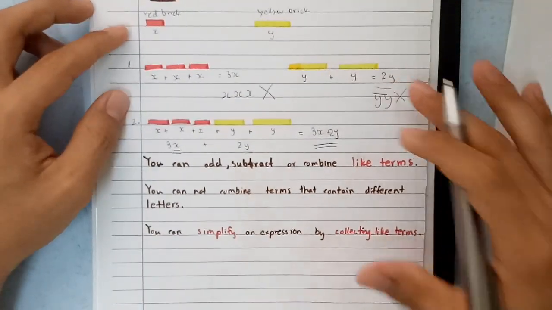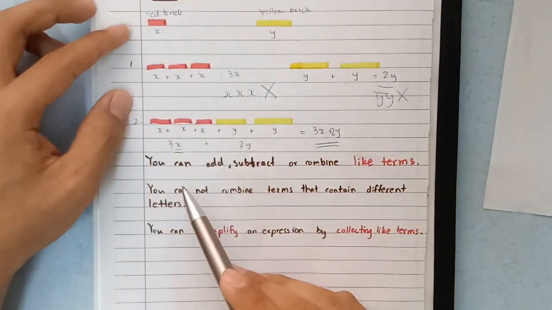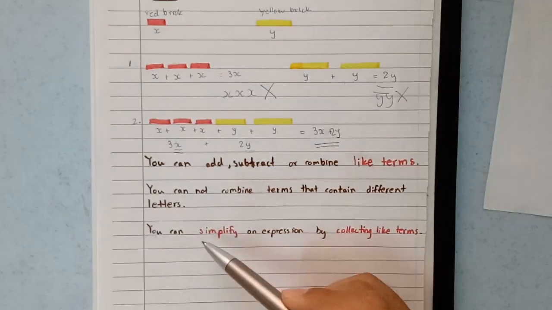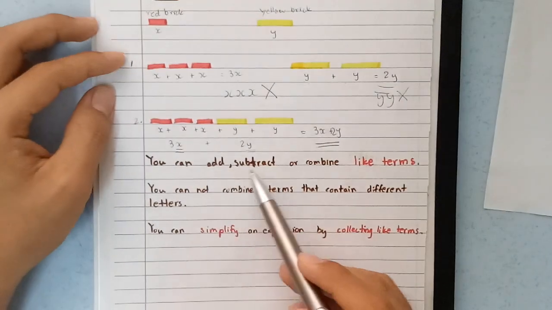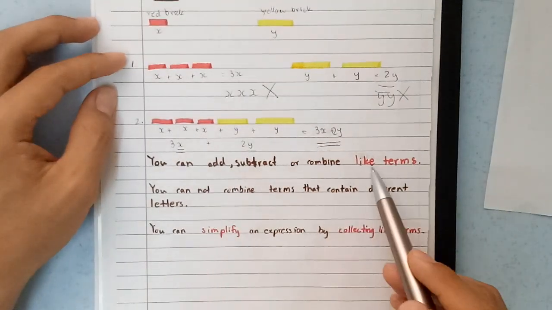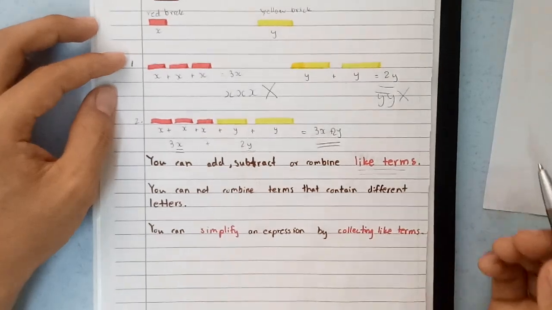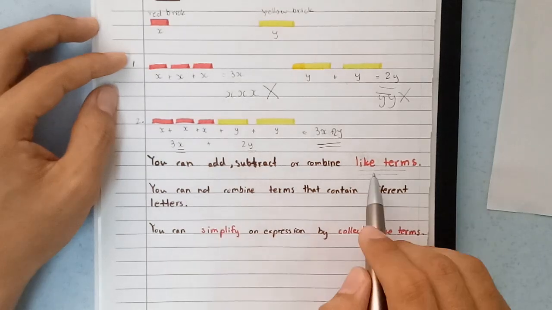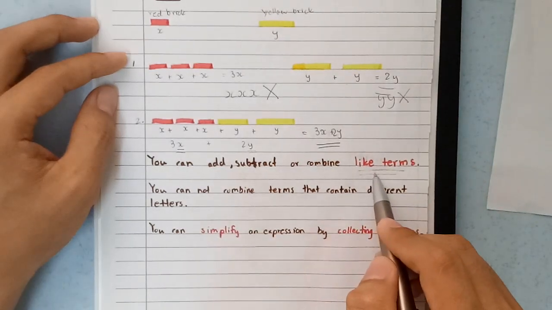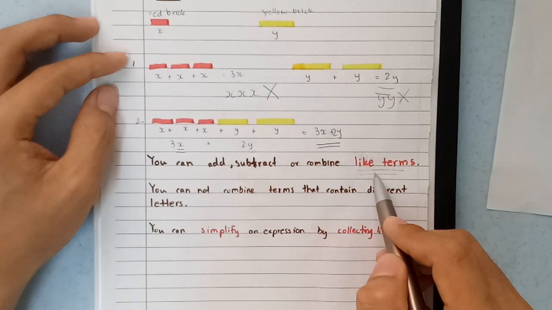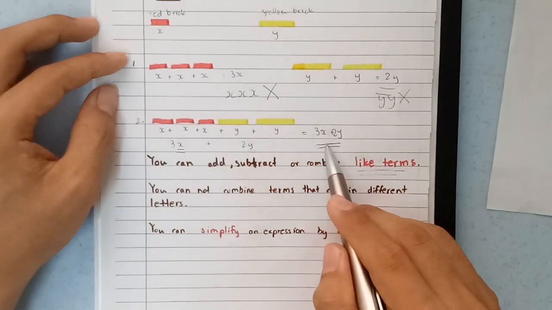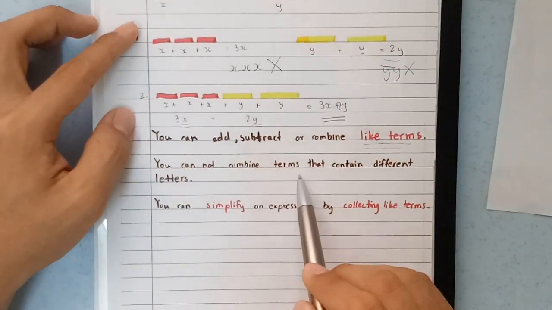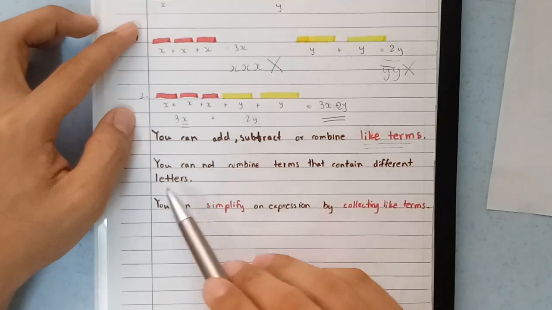When you read this, you will understand. These are 3 simple rules for expressions and equations. You can add, subtract, or combine like terms. I want to emphasize this: you can only add or subtract like terms. If they are not like terms, you cannot combine, add, or subtract them. Second, you cannot combine terms that contain different letters.